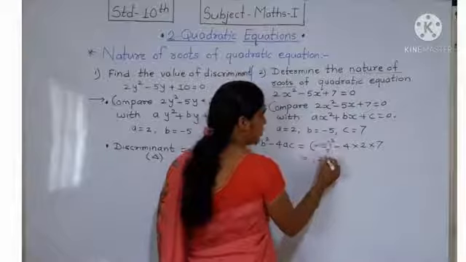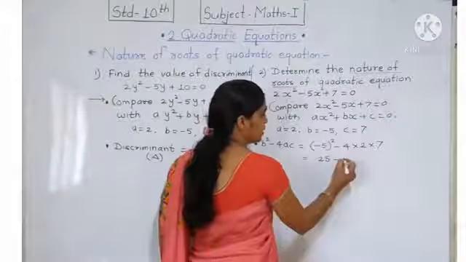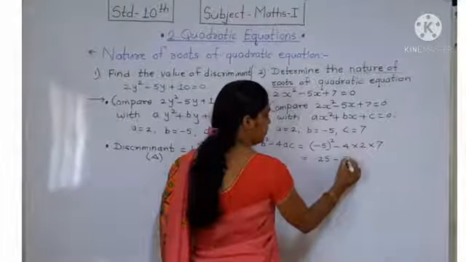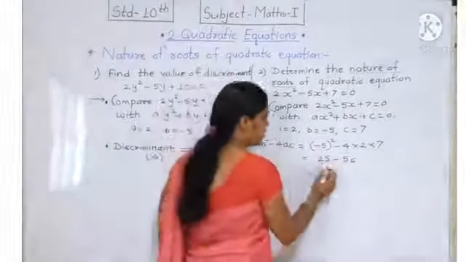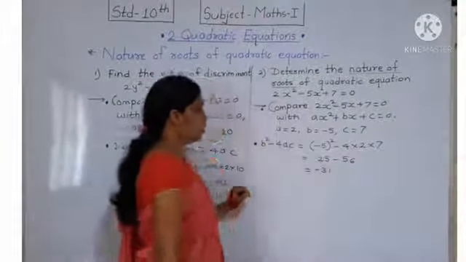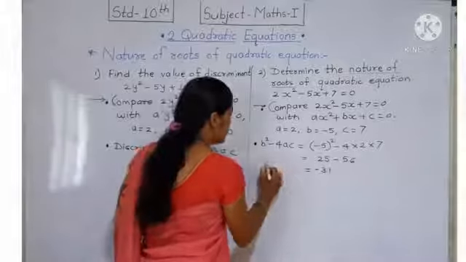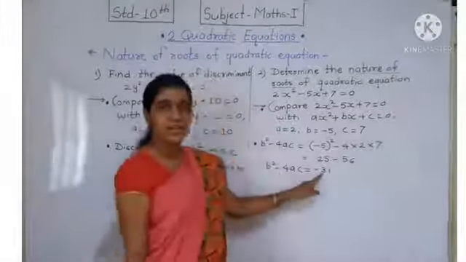Minus 5 square is 25, minus 4 2s are 8, 8 7s are 56. 56 minus 25 is 31. The value of b square minus 4ac is minus 31.